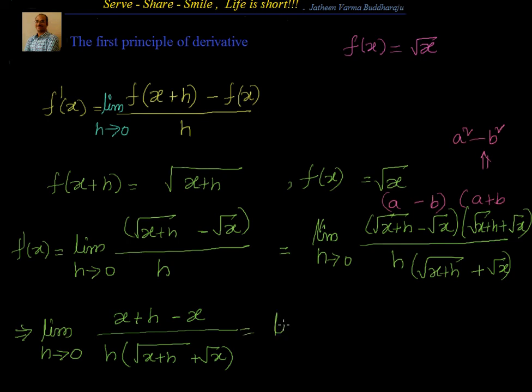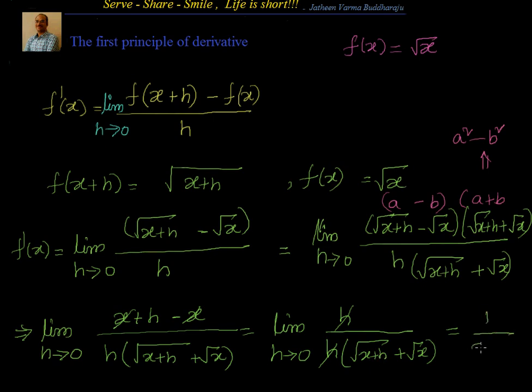This is equal to limit of h tends to 0, x will cancel, I will have h divided by h into (square root of x plus h plus root of x), h will cancel. If h equal to 0, substitute, then I will have 1 by (root x plus root x), that is 1 by 2 root x.